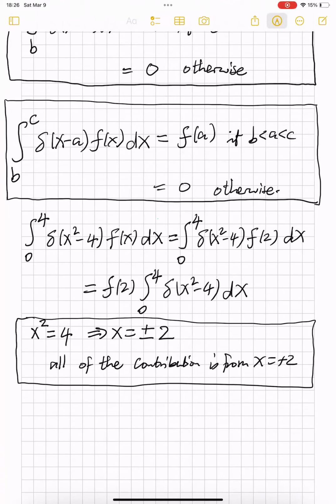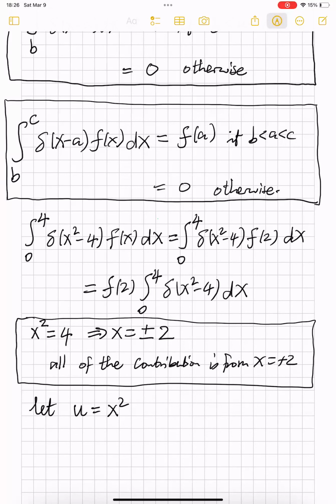So the variable inside the delta function is not the same as the integration variable. So it doesn't match our definition. To get things to match, let's change variables. Let's say, let u equal to x squared. u is the variable inside the argument of the delta function.